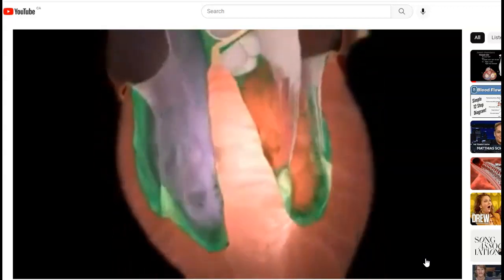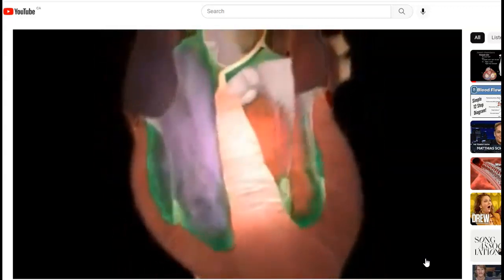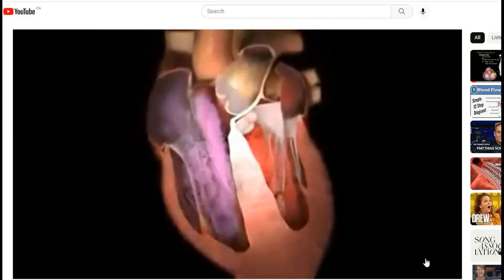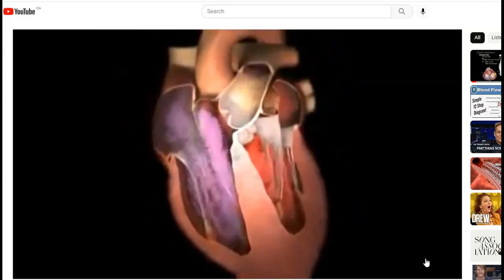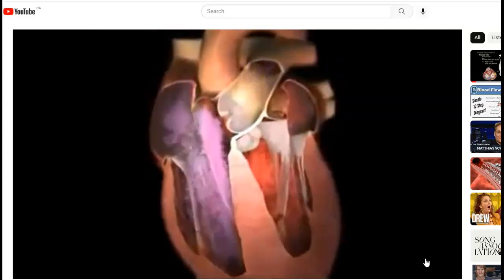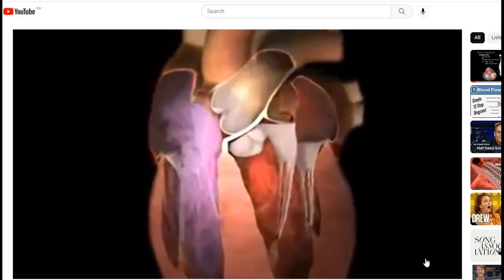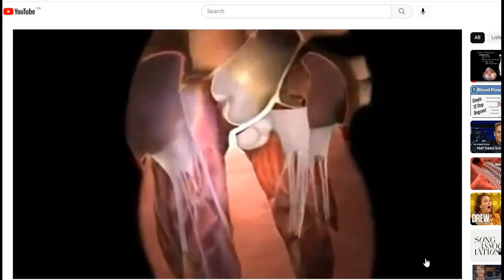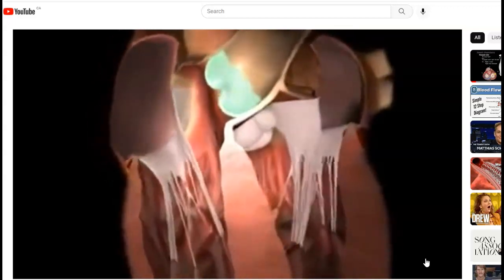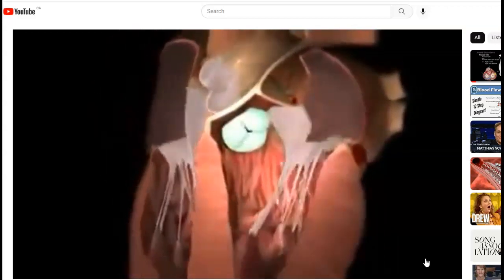The bottom 2 chambers are called the ventricles and receive the blood from the atria and pump it to the lungs and the body. The chambers are separated by valves, which control the direction of blood flow. There are 4 valves: tricuspid, pulmonic, mitral, and aortic.